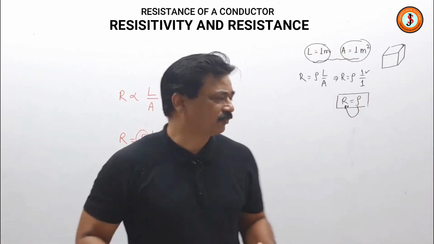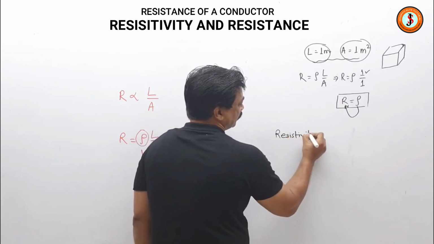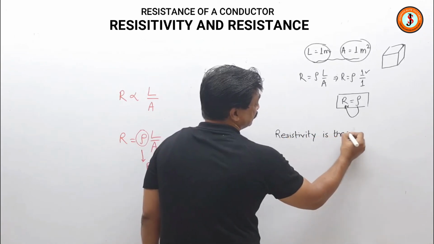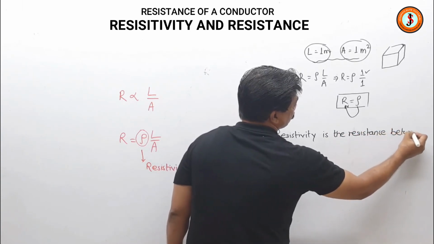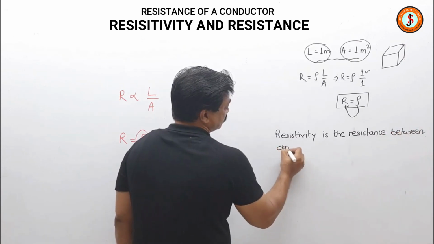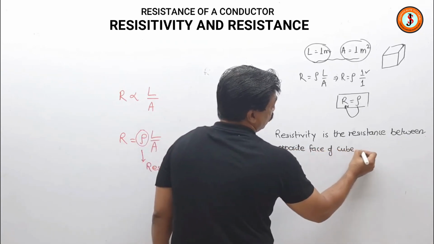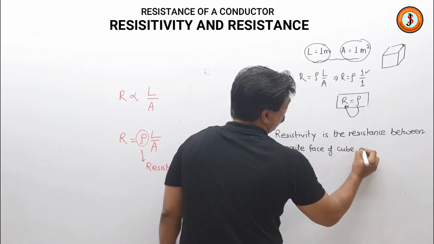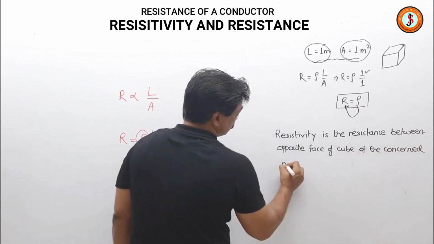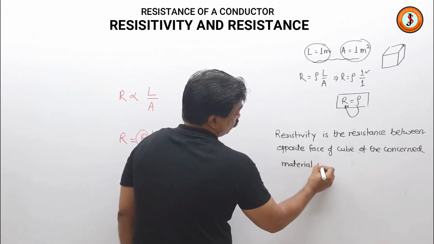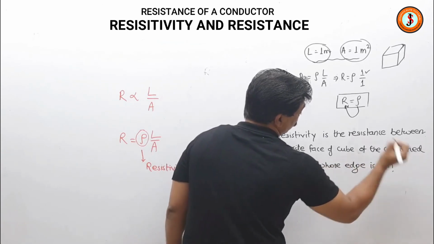So it is expressed in different ways. Resistivity is the resistance between opposite faces of a cube of the concerned material whose edge is 1 meter.